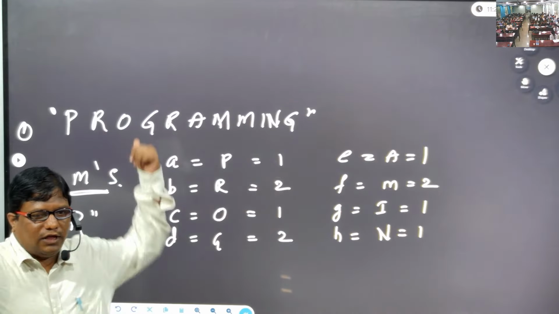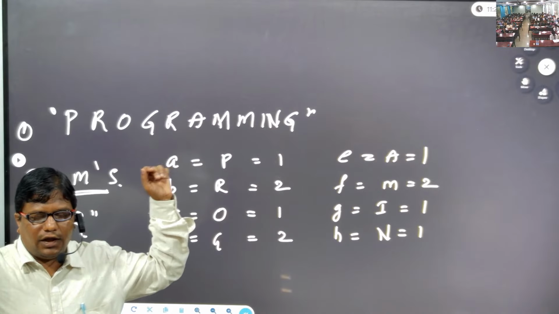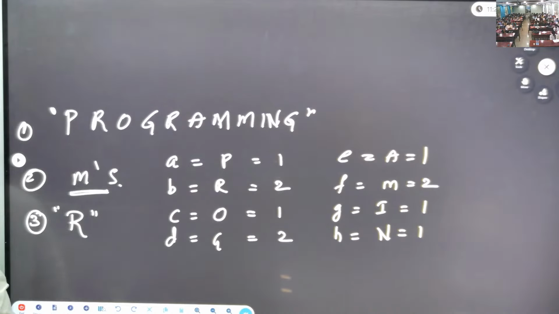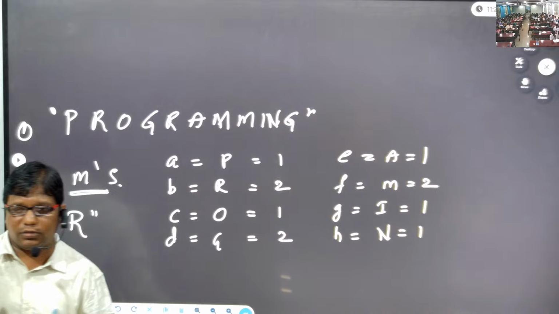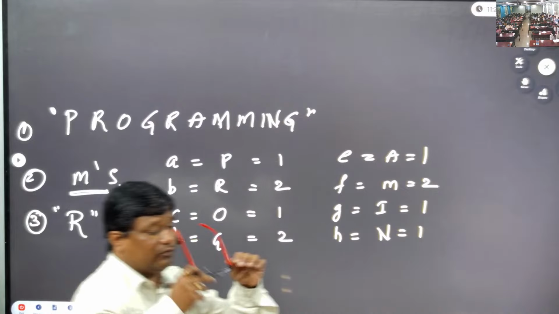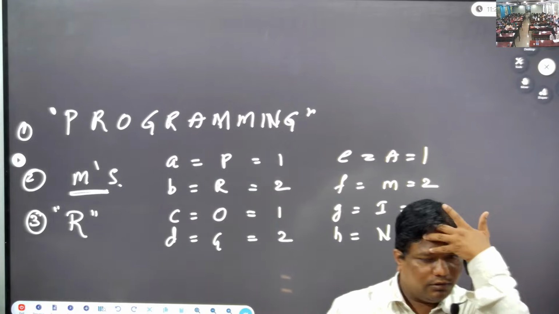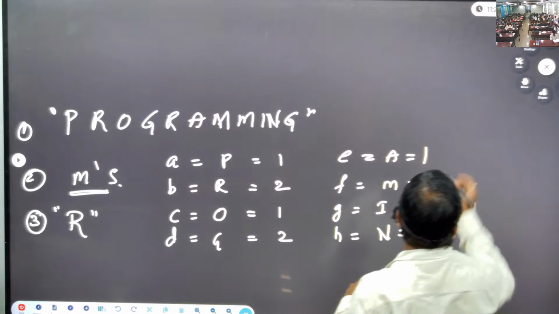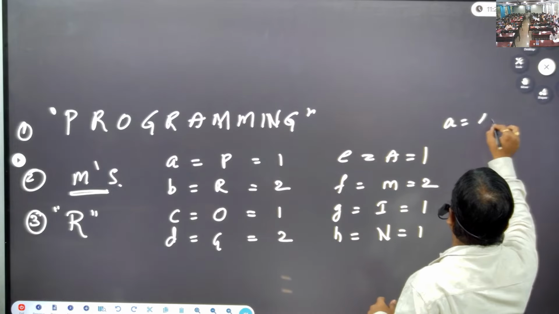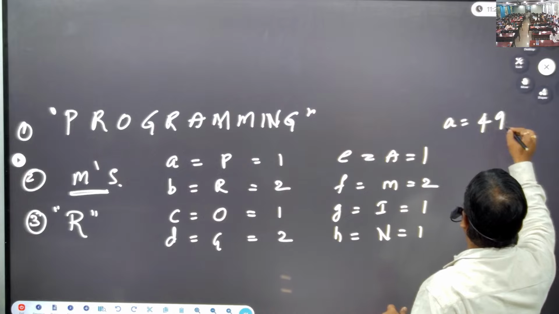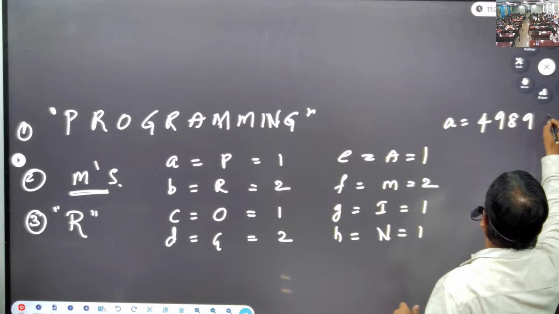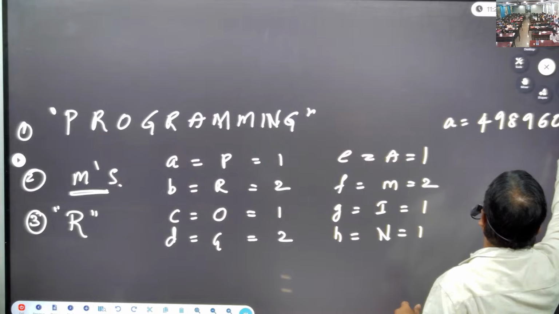That is the first question, A. Right. So what is the simplified value that you are getting over there? Has anyone simplified the value? What is the value that you are getting for A? 4, 9, 8, 9, 6, 0, 0.